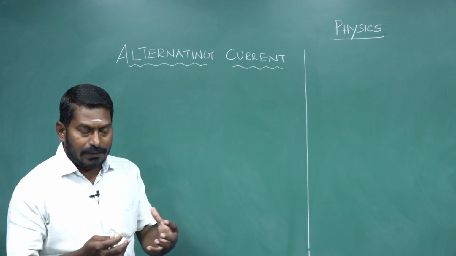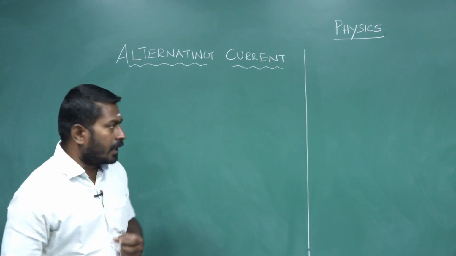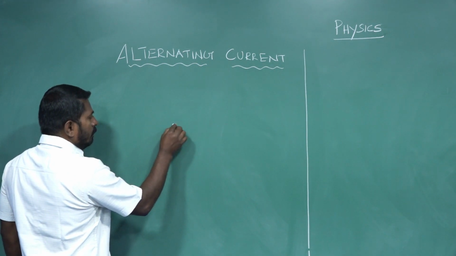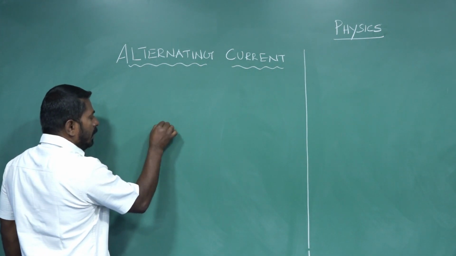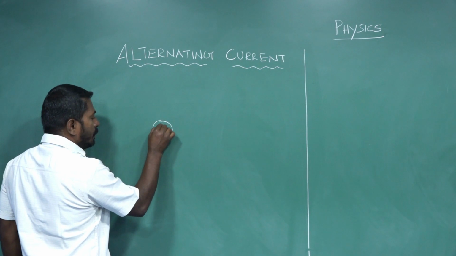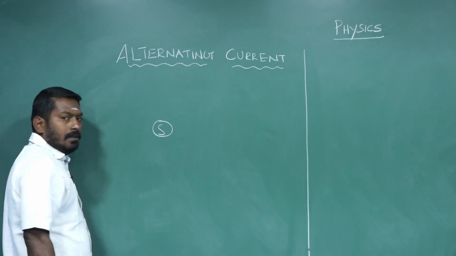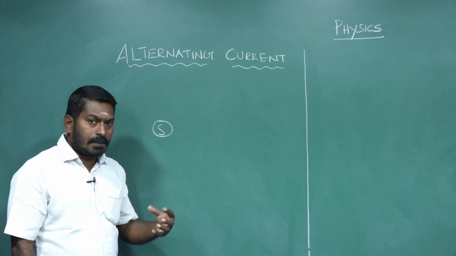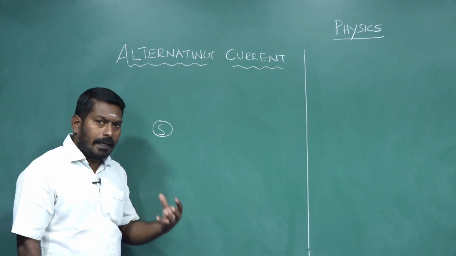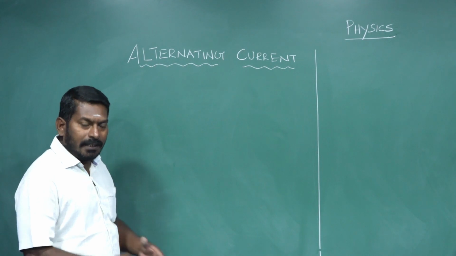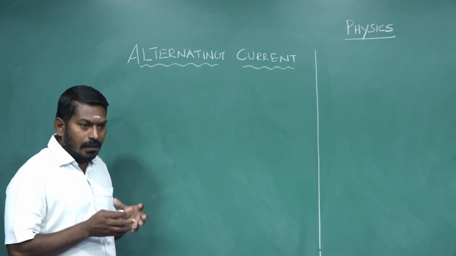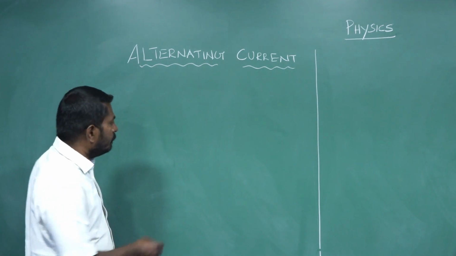We see a simple closed circuit with an alternating voltage source, for example, an AC generator. An AC generator produces alternating voltage or alternating EMF. So dear students, I am taking an alternating voltage source like an AC generator.